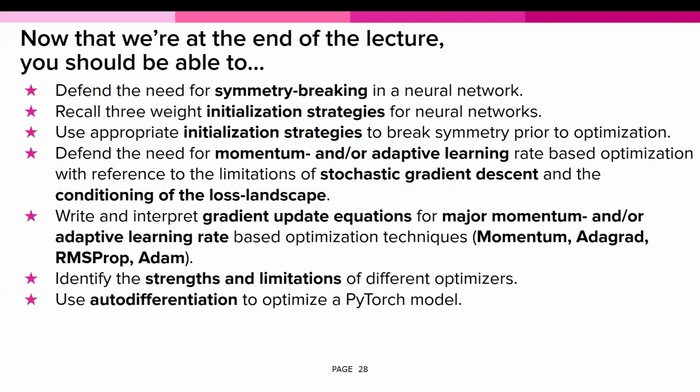And then we talked about the strengths and limitations of the different optimizers. And then hopefully, if you hopped over to take a look at that Jupyter notebook, you'll be in a good position to use the autodifferentiation or Autograd tools, at least in the PyTorch library.